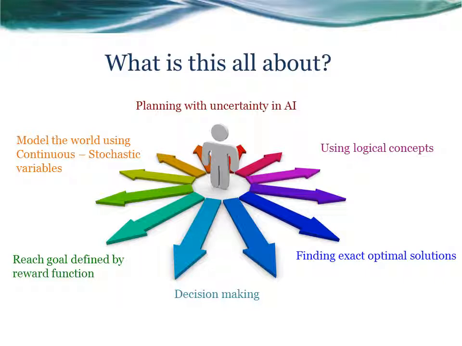And our approach would be to use logical concepts similar to the STRIPS domain, where everything is modeled using logical components. We use first order logic here, and we provide a lifted solution to our Markov decision processes.